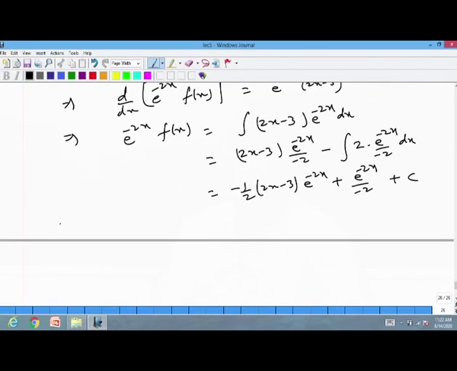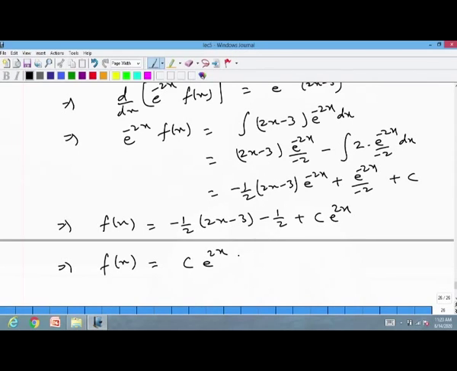Multiplying by e to the 2x, this gives f x is equal to minus half 2x minus 3 minus half plus c e to the power 2x. So, therefore, f x is equal to c e to the power 2x minus x, and then we have plus 3 by 2 minus half, so plus 1.